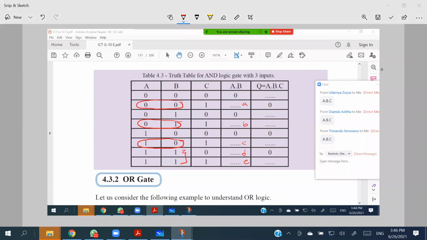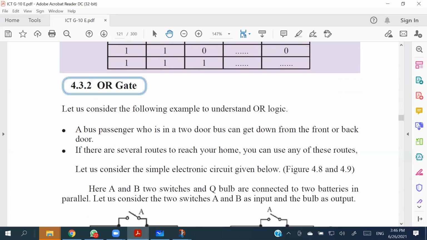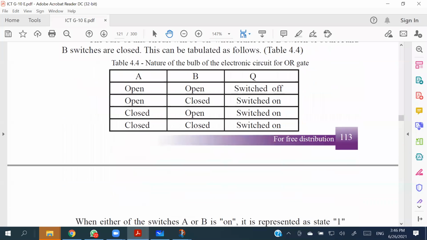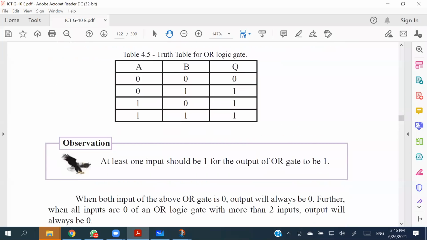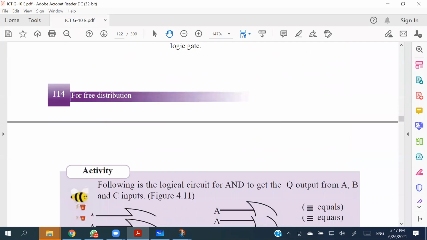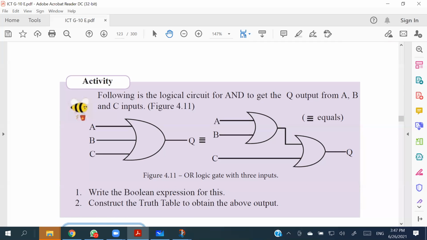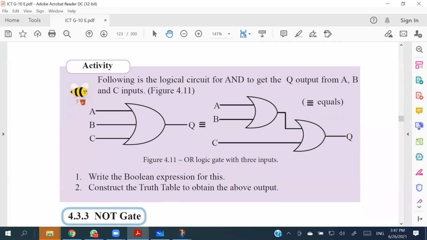Right? Good. Brilliant. Let's see what they have given in the B, the OR gate with the OR gate. As we saw in the AND gate, the 3 input AND gate can be drawn using gates which have 2 inputs like this. So the same output that you are going to receive.